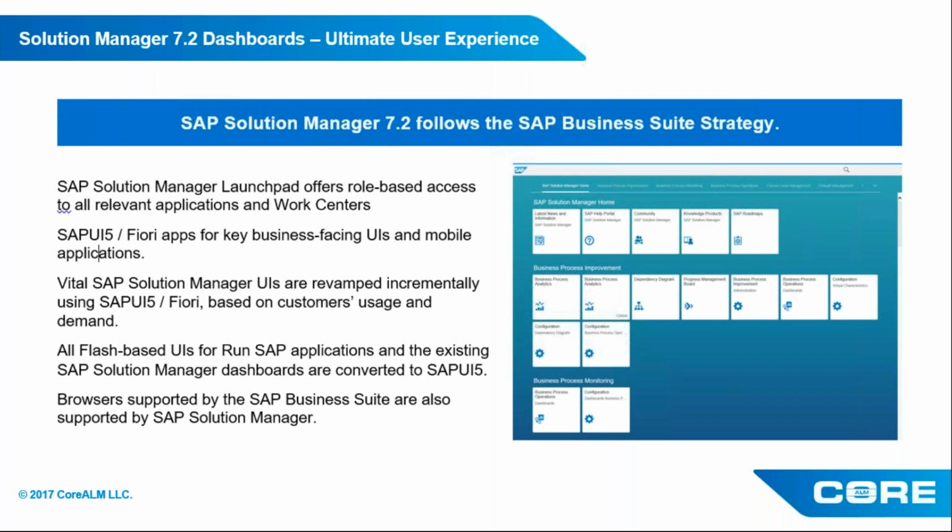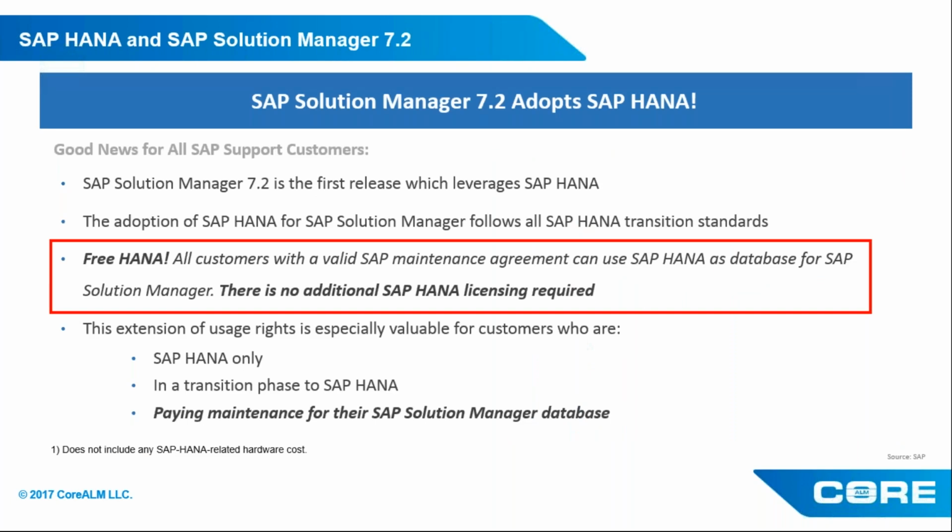Also within 7.2 in the Test Suite, and you'll see this, there's been a lot of changes. Over the years, Test Suite has not been a leading part of Solution Manager, but in the past few years, and especially with 7.2, there's been a lot of improvements and innovation.